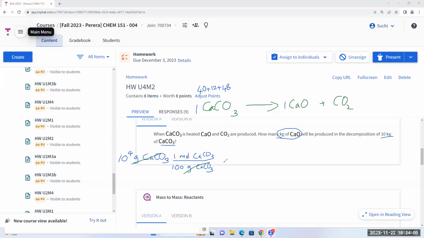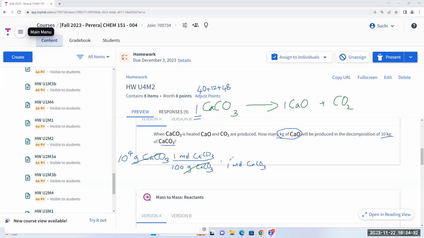So I'm going to write moles of calcium carbonate in the denominator: 1 mole of calcium carbonate. Where did this 1 come from? From the balanced chemical equation.